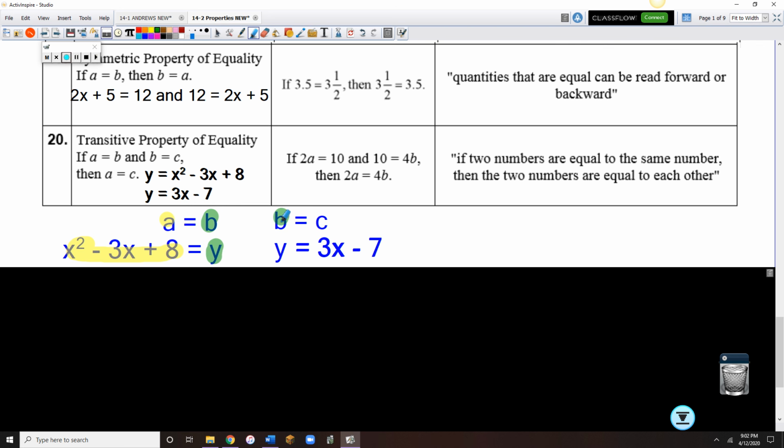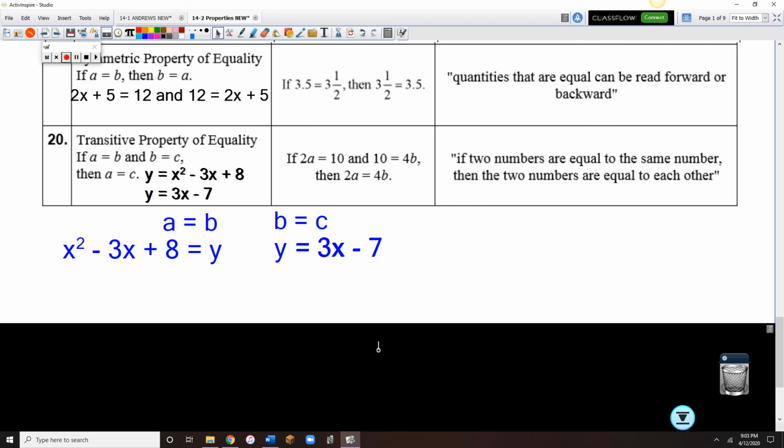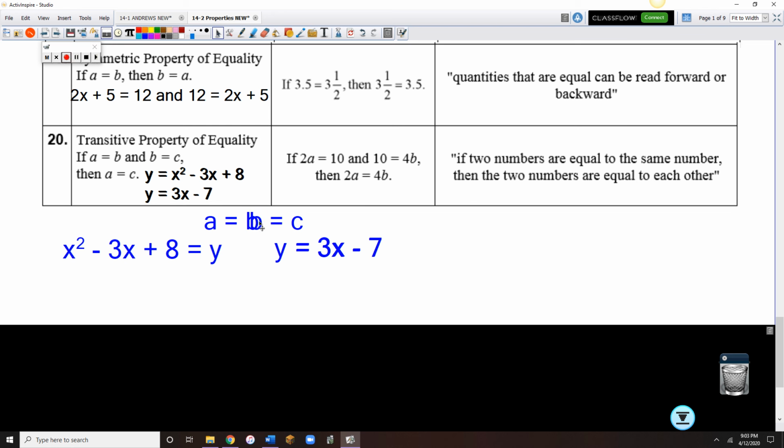Now we have B, which is still the same thing as a y, equaling C. And C is going to represent all of this stuff. I'm going to take the color away so I can keep manipulating. If I do that, A equals B, B equals C. If I make my B's overlap, we see that everything is just equal to each other.